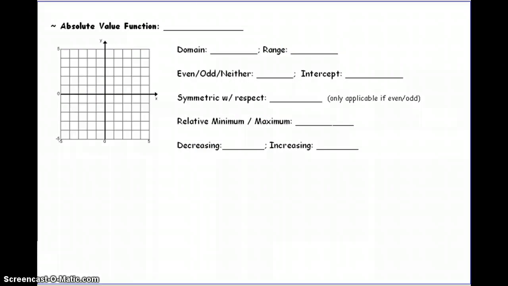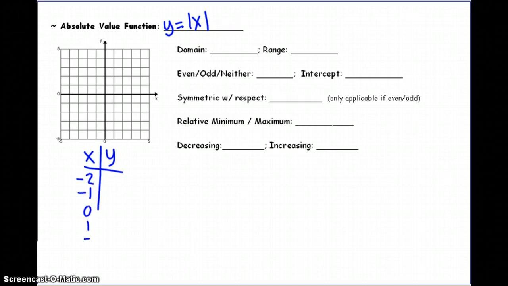The last graph is the absolute value function, and it has the equation y equals absolute value of x. So the parent graph for an absolute value function. In order to figure out what that looks like, I do need to plug in some values for x to get my y. When I take the absolute value of -2, I get +2.